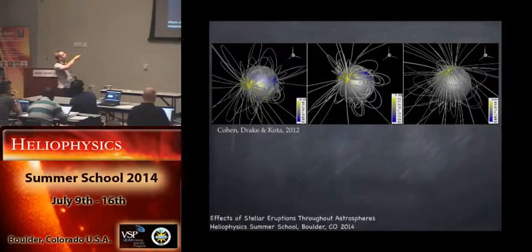You can see that the overall structure of the magnetic field in the corona changes dramatically only due to that. So the location of the magnetic activity for young active stars significantly changes the overall structure of the heliosphere or the astrosphere. You can imagine that in this case, the polar field all the way to the astrosphere will be much stronger than in this case.